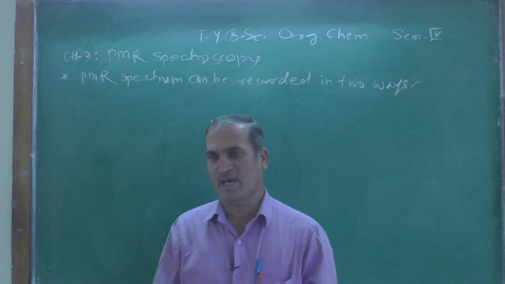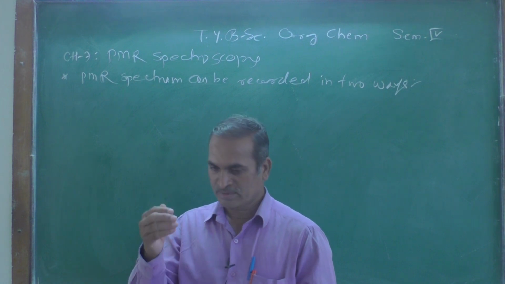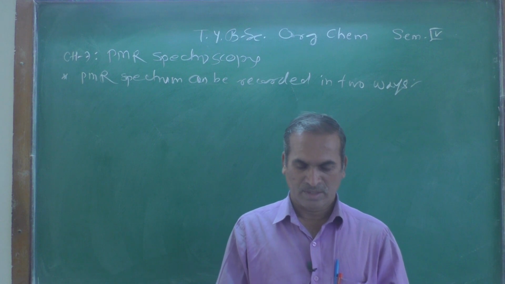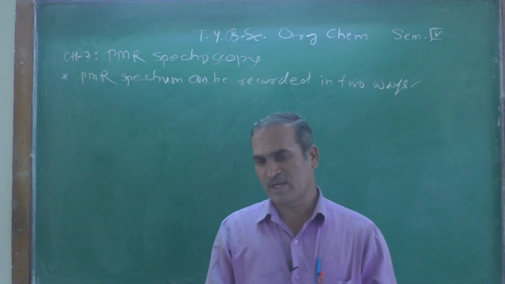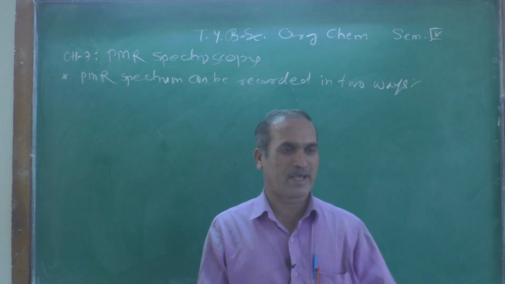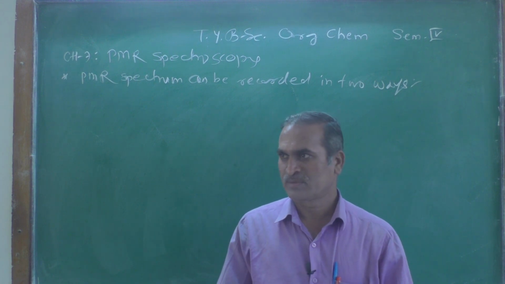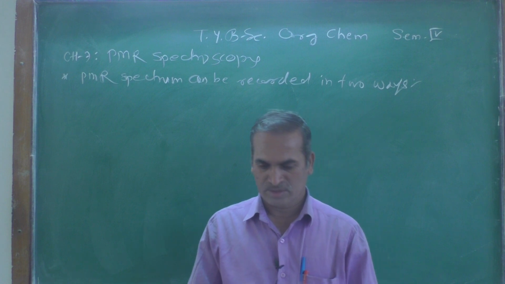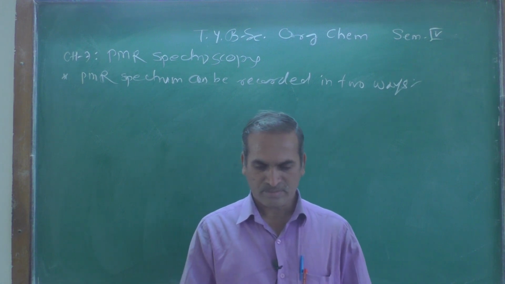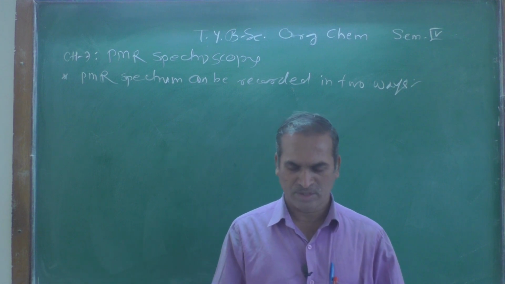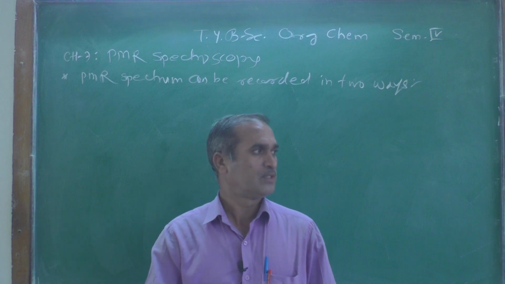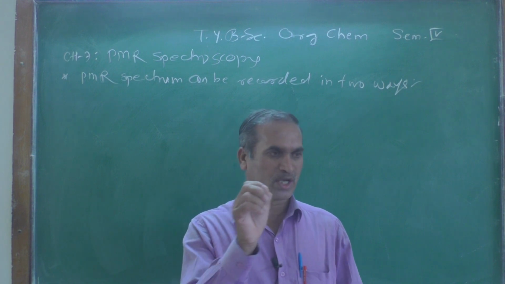Then the sweep generator, as we know, is used to supply DC current to the electromagnet for functioning of the instrument.